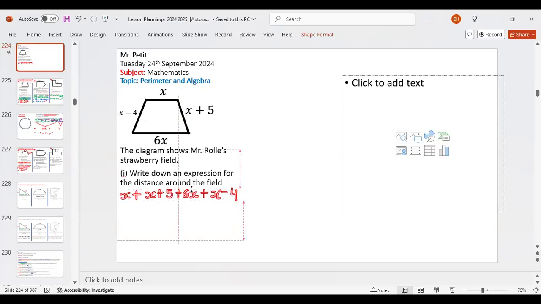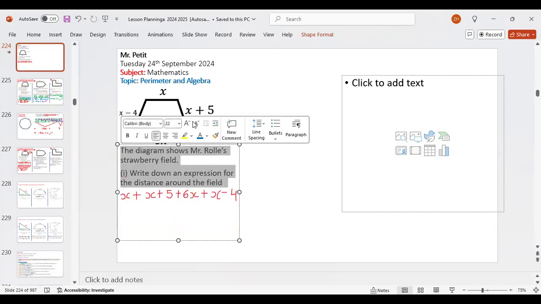So we want to simplify this. I think I need to write this smaller.